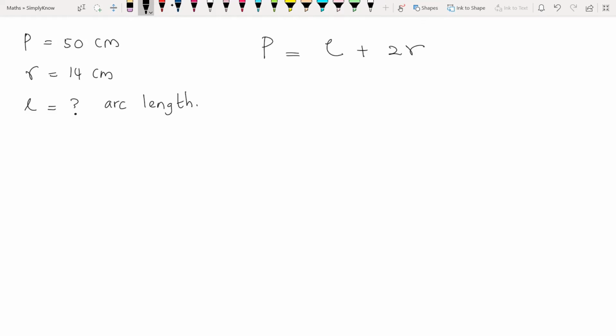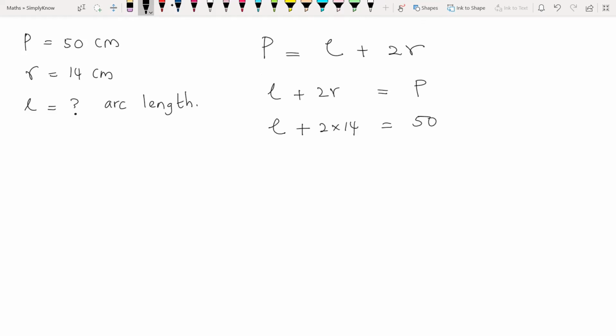So I'm going to send L to the other side. So I'm going to interchange the sides of the equation. Arc length plus 2r equals P, perimeter. Now perimeter is 50 centimeters and 2r is 2 times 14 and the arc length we should find.